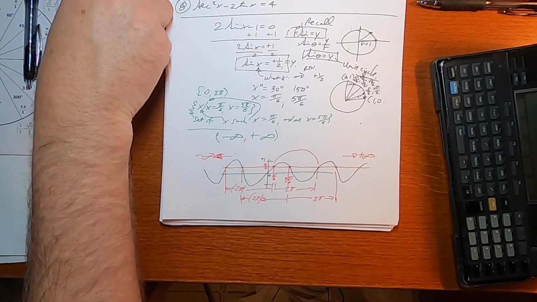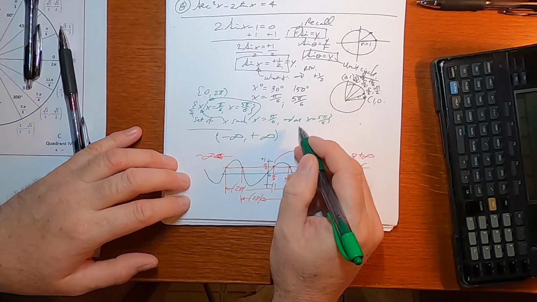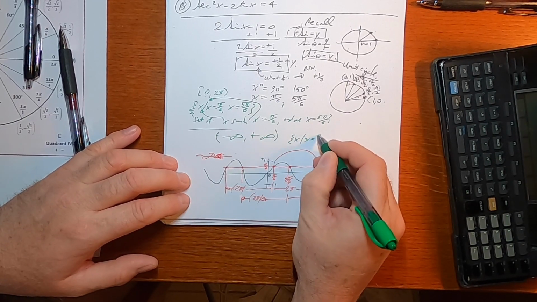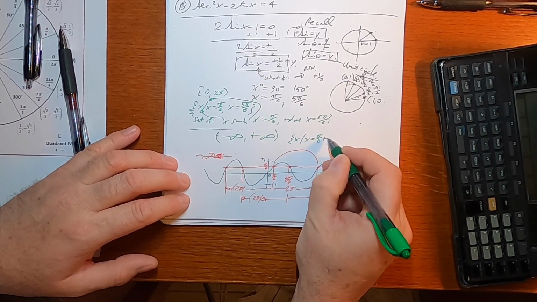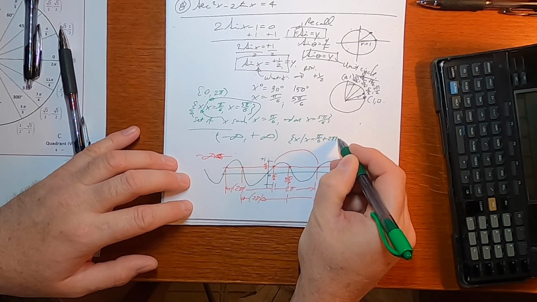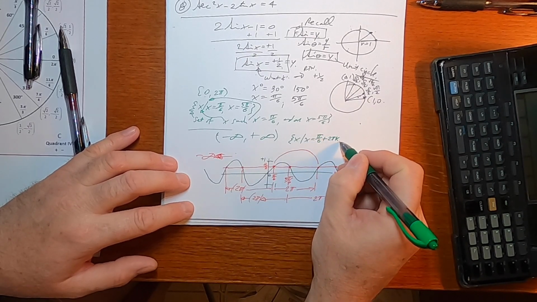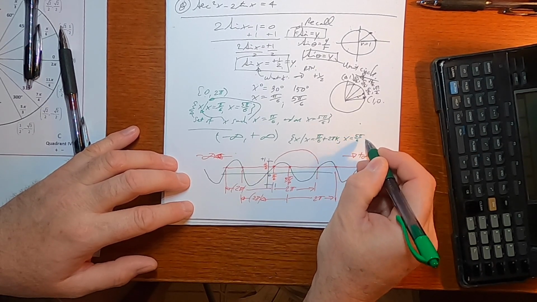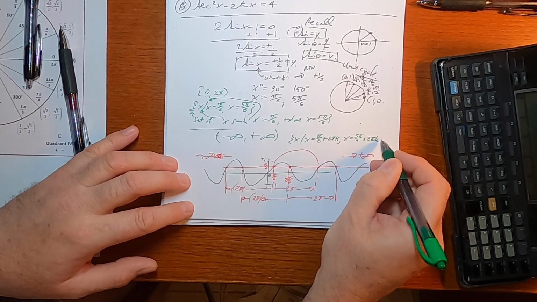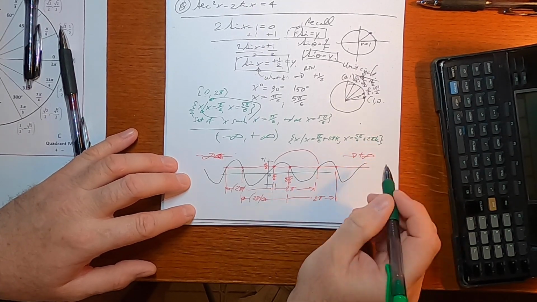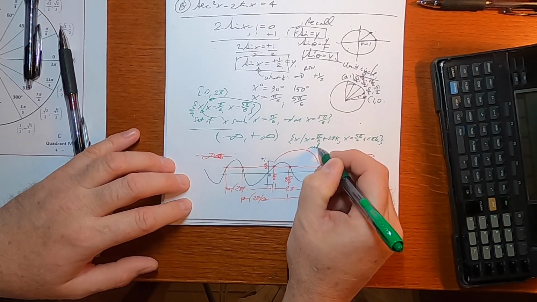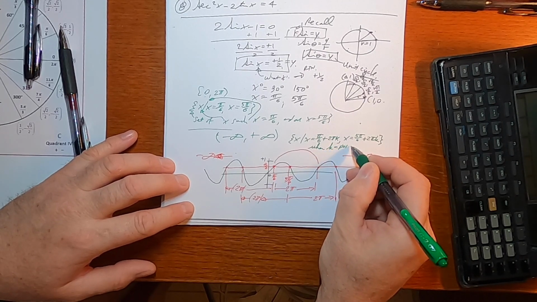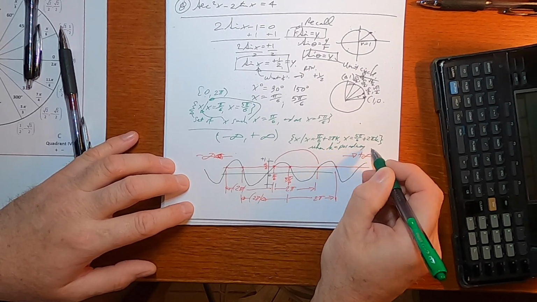And the way we cover that is by saying the set of x such that x equals pi over 6 plus 2 pi k, and I'll get into that in a second, comma, x equals 5 pi over 6 plus 2 pi k, lowercase k, close bracket, where k equals positive and negative integers.